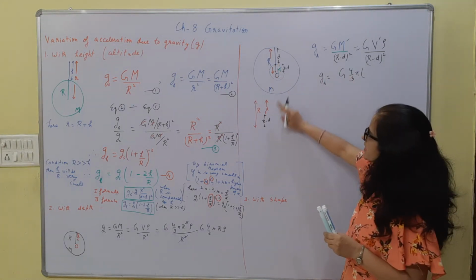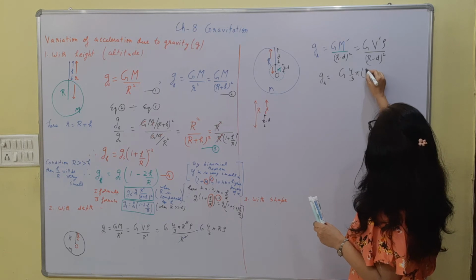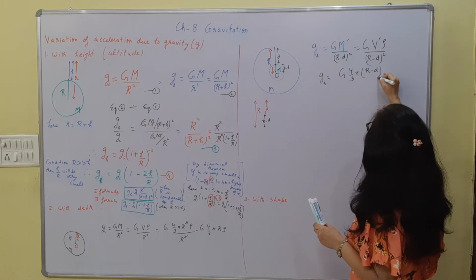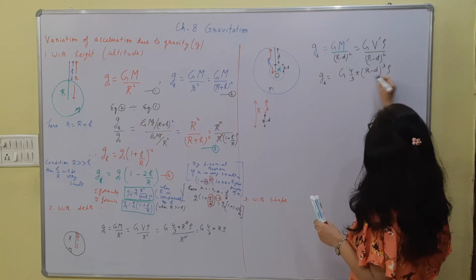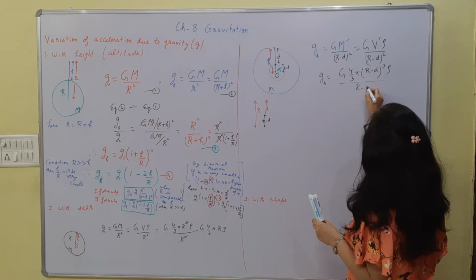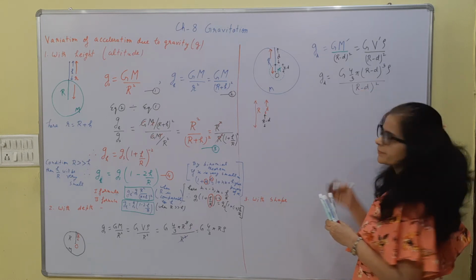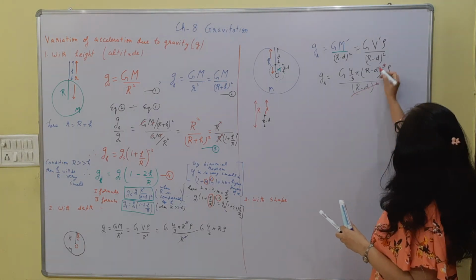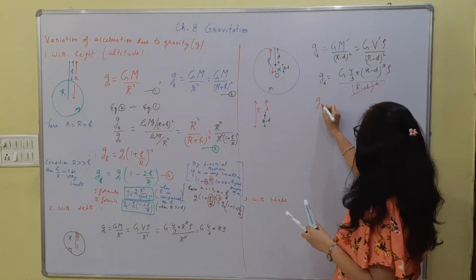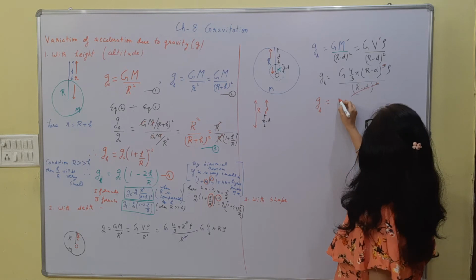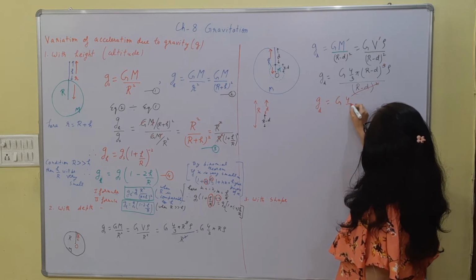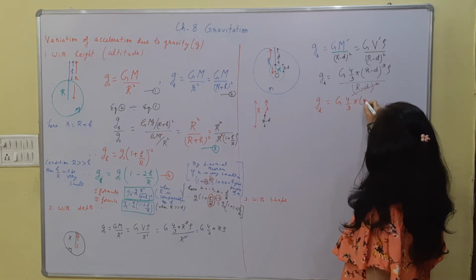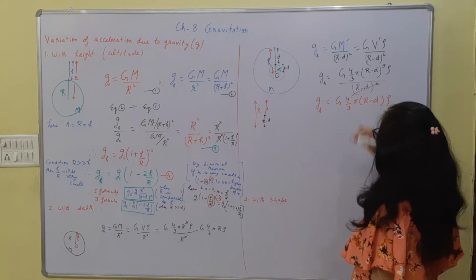So its radius is R minus d. This is R minus d whole cube upon R minus d whole square. We can cancel one power. Now this will give me g at depth is G into 4 by 3 pi into R minus d into rho.